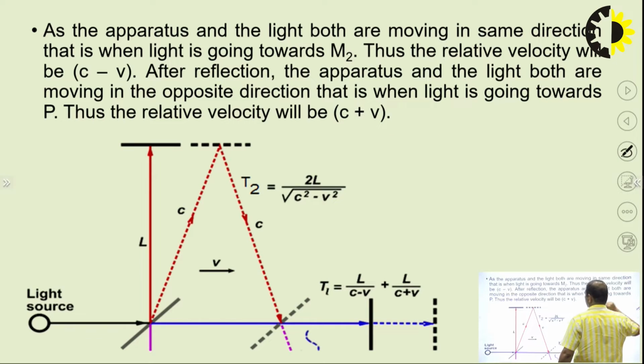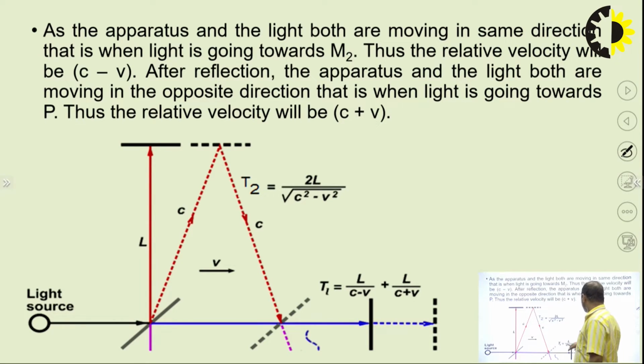Basically, in this figure, we are explaining the relative separation of the mirrors with respect to the ether frame. Ether is a stationary frame, and we have shown the relative separations of the two mirrors M1 and M2 with respect to the ether frame, and we have calculated the time with respect to both frames, earth as well as ether.